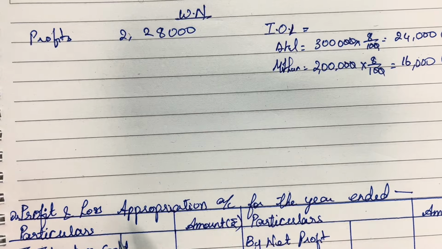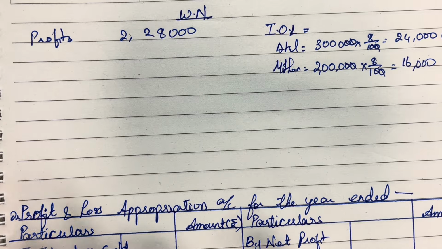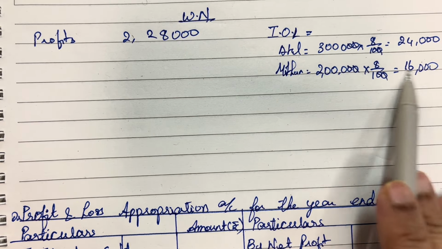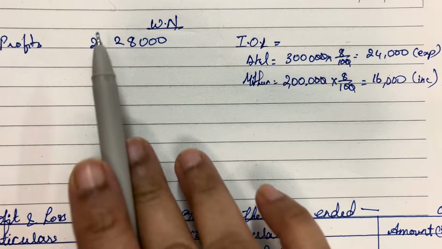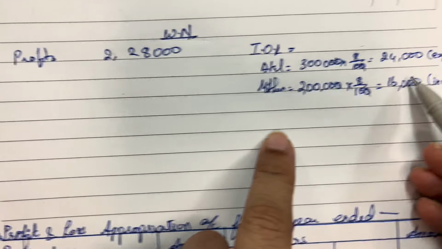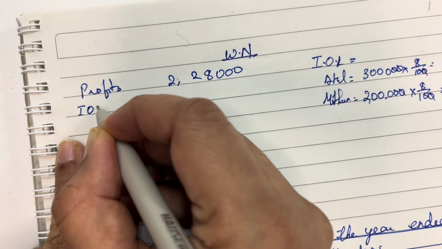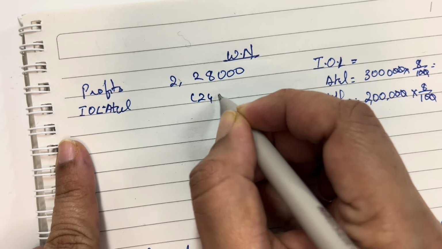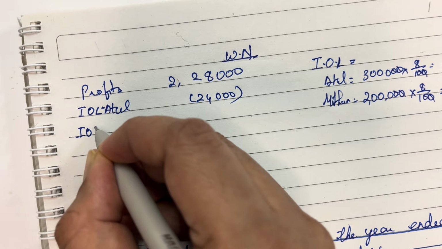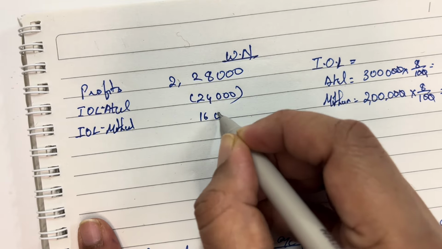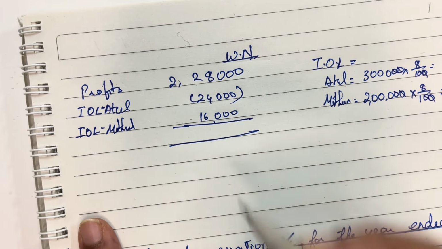We've already seen that the profit and loss appropriation account does not include interest on loan. So the interest on loan amounts will be adjusted from our profits in order to arrive at our net profit. The interest on loan of Atul, 24,000, will be subtracted because this is our expense, and the interest on loan by Mithun, 16,000, will be added because this is our income.